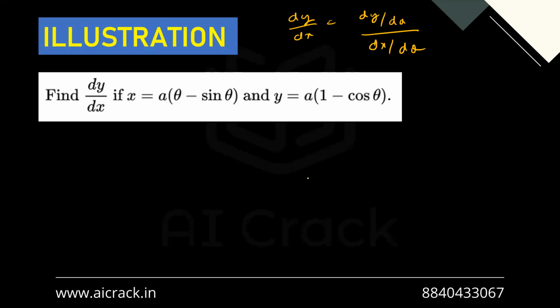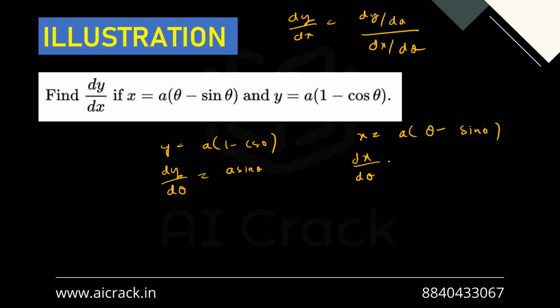Now dy by d theta would be, we have y equals to a times 1 minus cos theta, right? So dy by d theta, that would be a sine theta, right? And we have x equals to a times theta minus sine theta. So dx by d theta, that would be a minus a cos theta. So that gives us a times 1 minus cos theta.